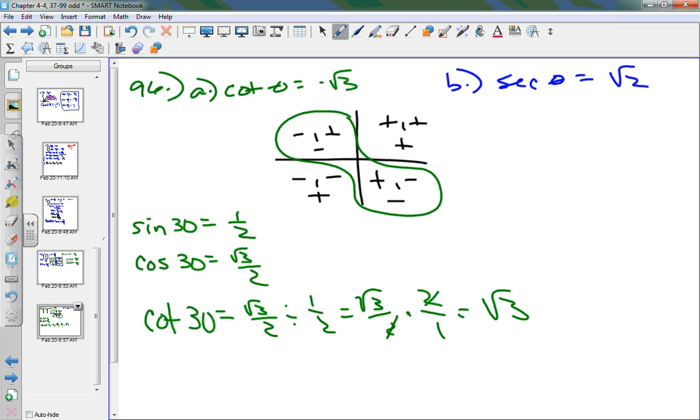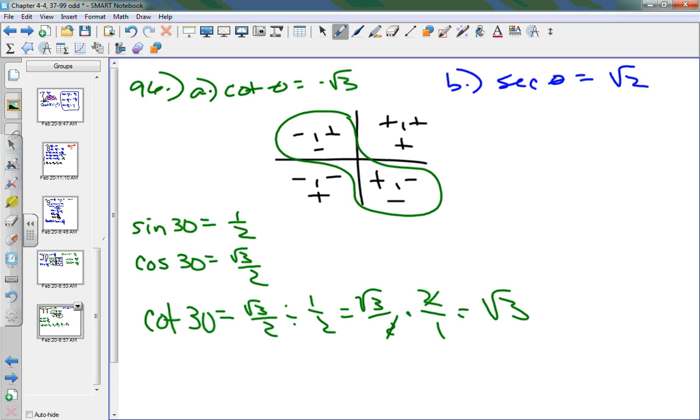Notice that is the cotangent, cosine over sine. Does it work? So, I know the cotangent of 30 degrees is the square root of 3.